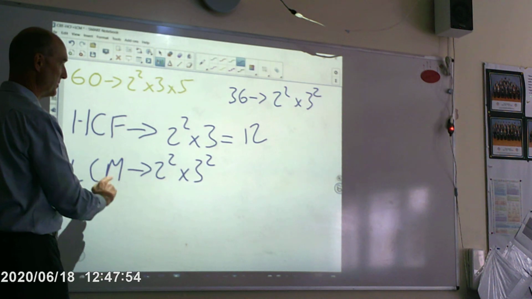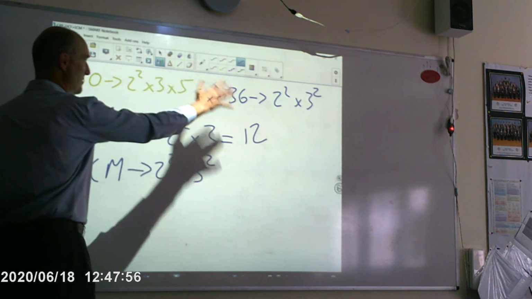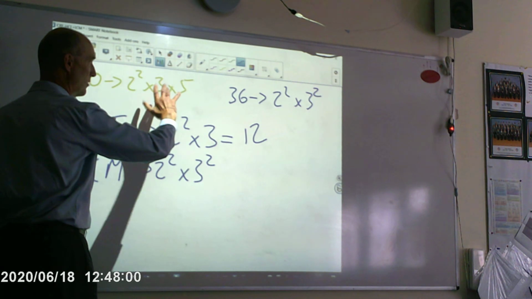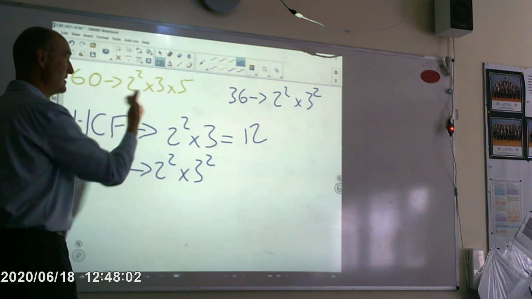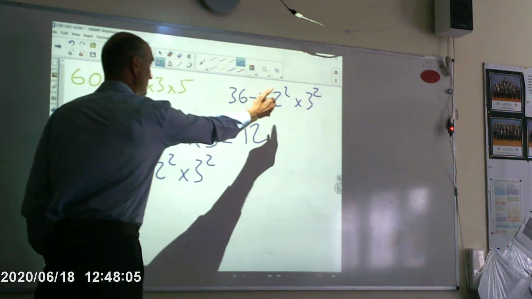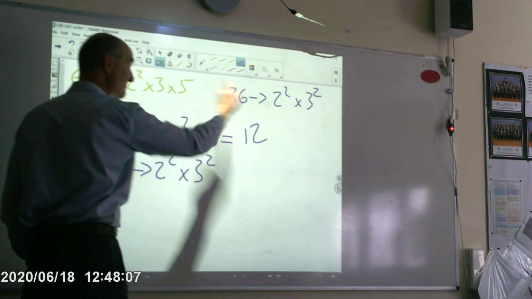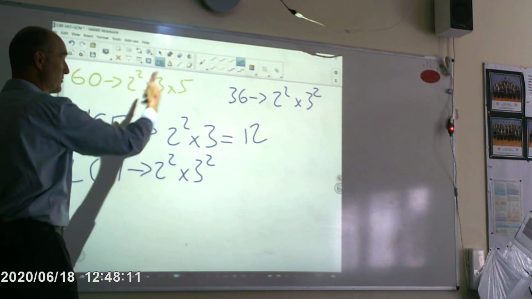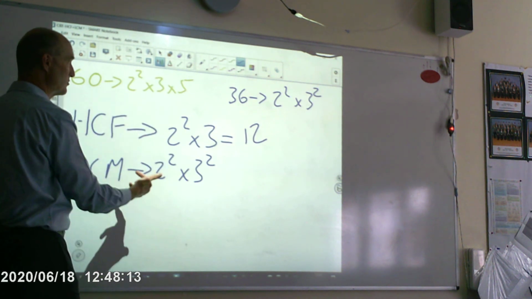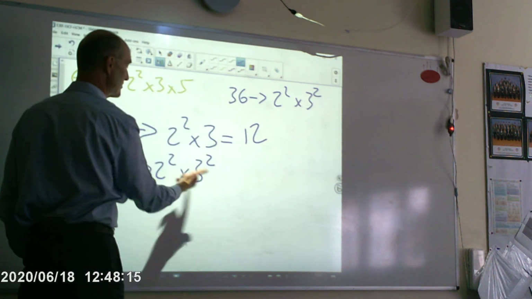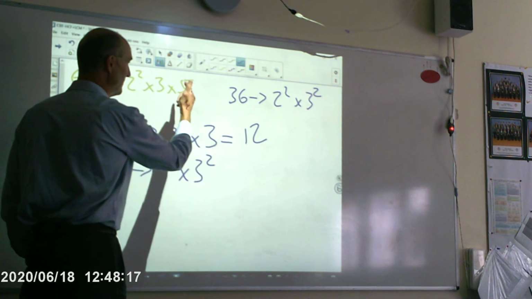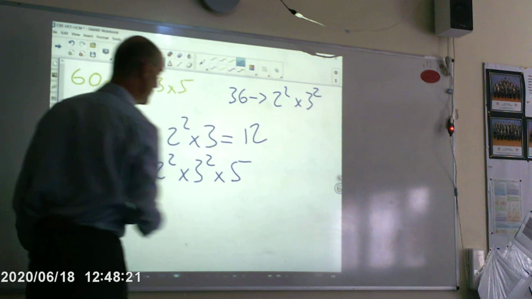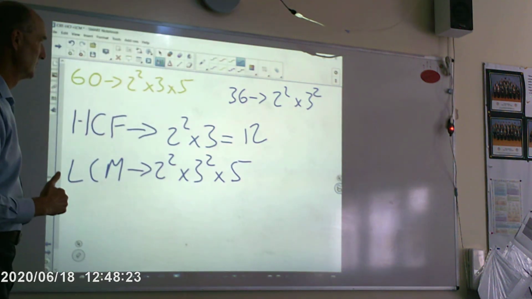Lowest common multiple this time. Numbers that appear in either list, they don't have to appear in both lists. Highest value. 2 appears in both lists, the highest value is 2 squared. 3 appears in both lists, the highest value is 3 squared. 5 appears only in one list, but it's still got to form part of our lowest common multiple.